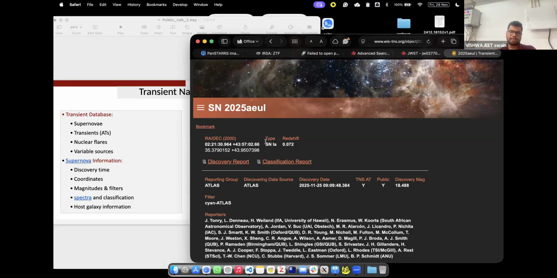But if there is no type, because we don't know the class of this object, people take the spectra and also more photometric data, and from the evolution of the photometric data or from the spectra, people can determine whether it is a supernova, some TDE, some nova, or an afterglow of some GRB or merger event.